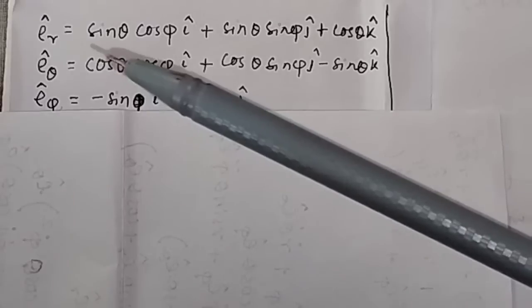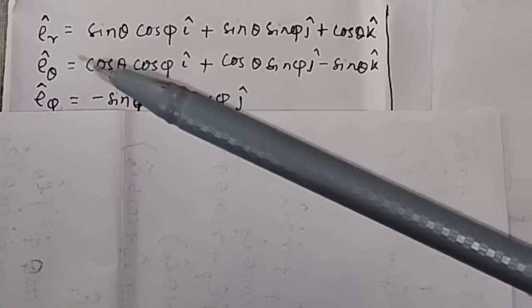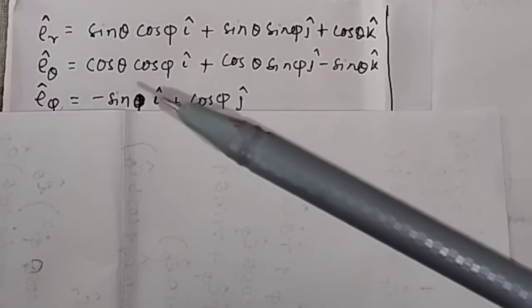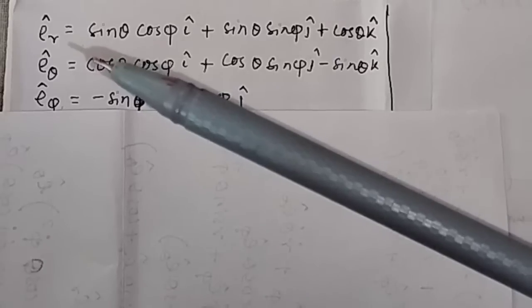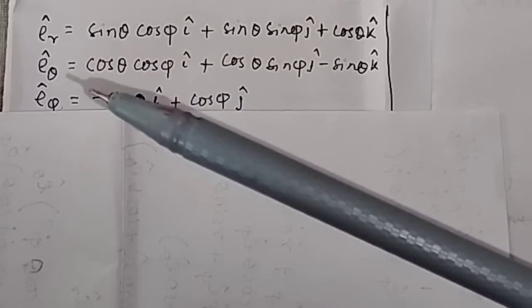In the previous video, I explained the values of the unit vectors e_r cap, e_theta cap, and e_phi cap. These are the values I calculated, and you have to find the derivatives of e_r cap, e_theta cap, and e_phi cap with respect to time.